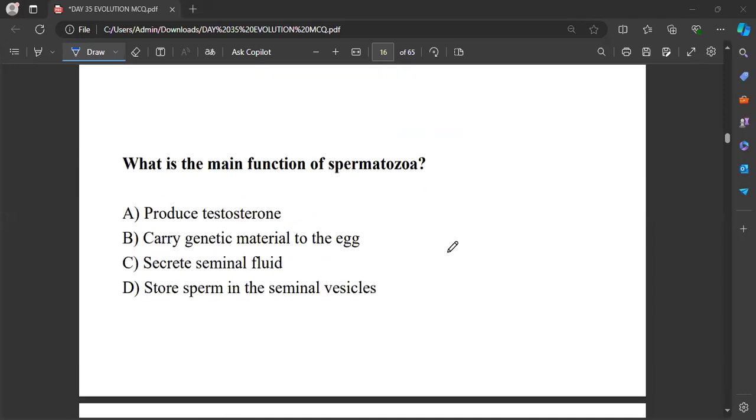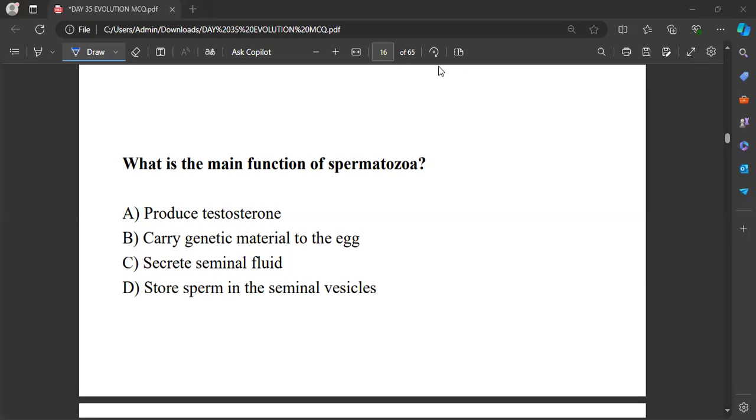What will be the main function of spermatozoa?